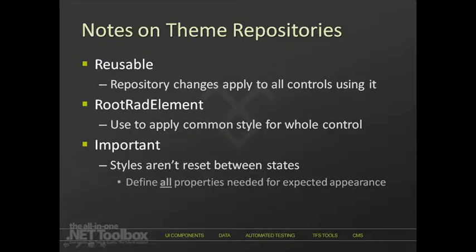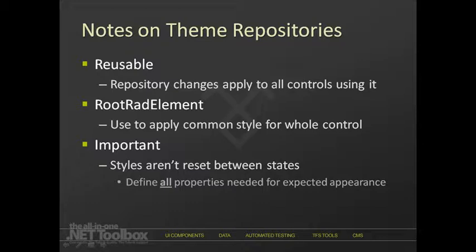A couple of notes on theme repositories, things you should remember when you're working with them: once again they're reusable containers. Since they're reusable, you can apply repositories to that button, for example, but you could take that same repository and apply it to the calendar control, or all of the different controls.